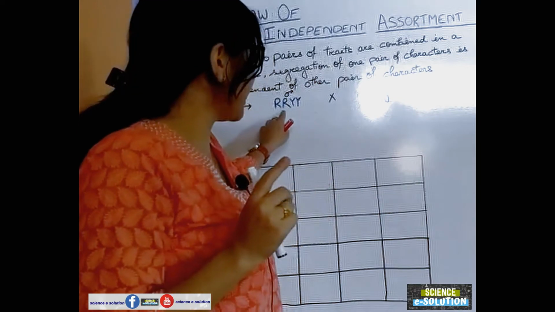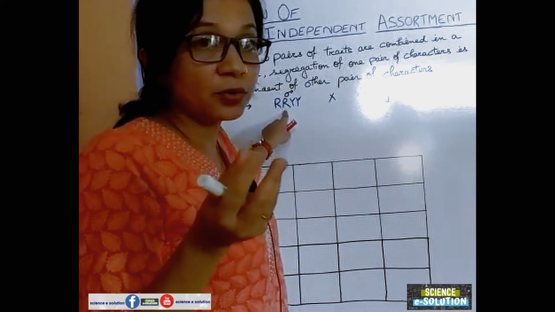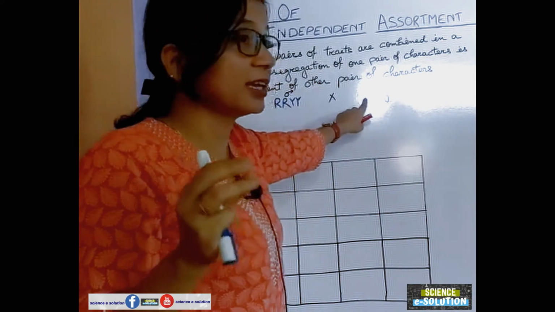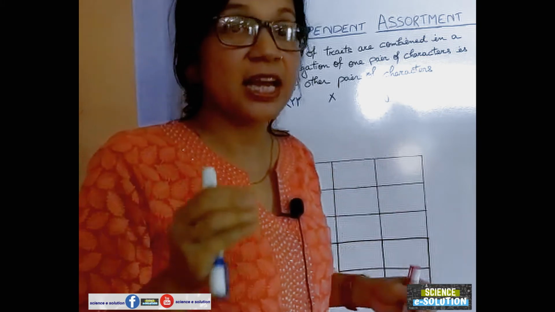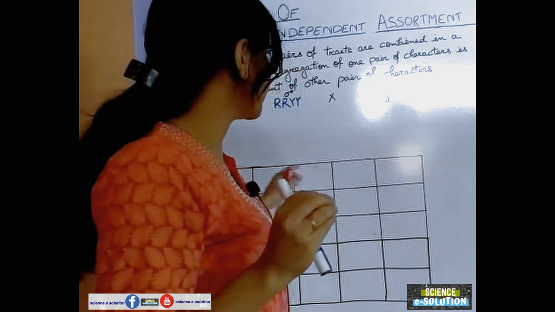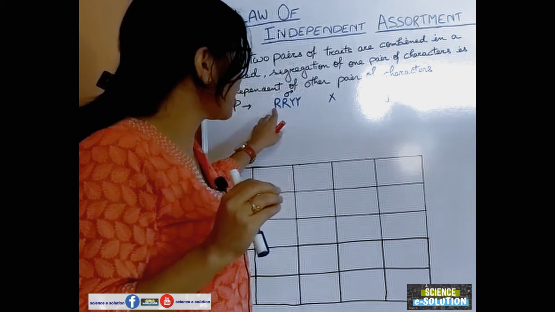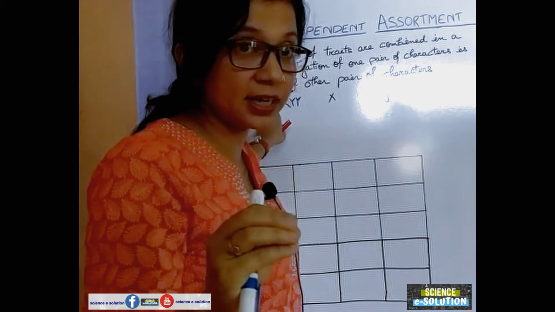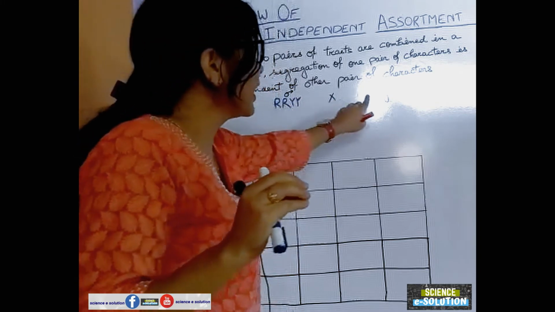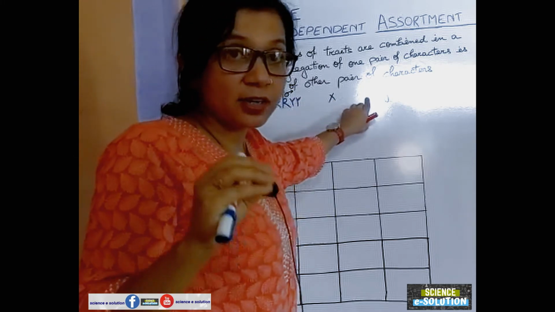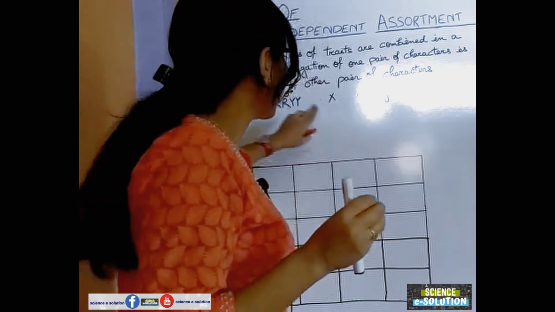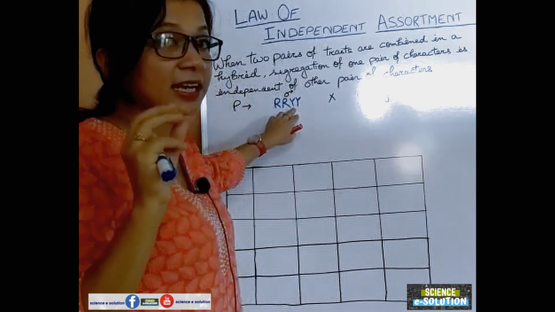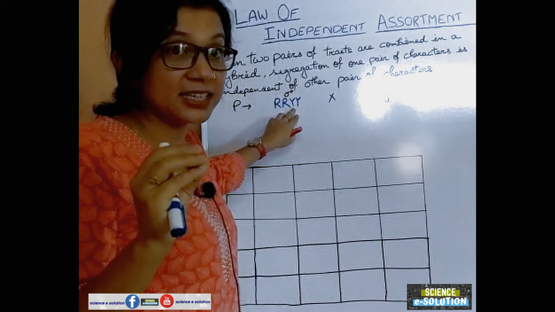Here, the first character is RR, that is round seed, and small r is wrinkled seed. That is the shape of the seed. Round is the dominant one, that is why I am writing it capital R. Wrinkled seeds, small r, are recessive.